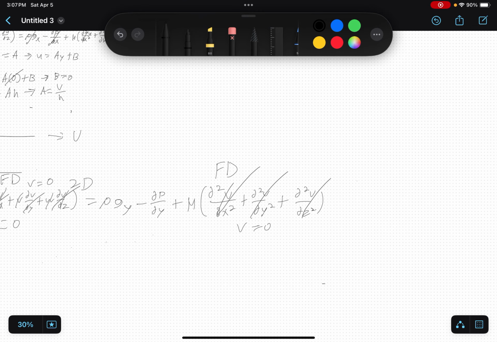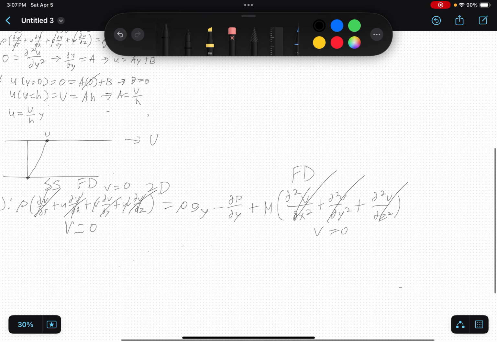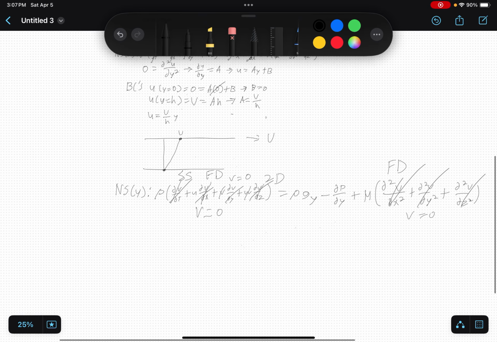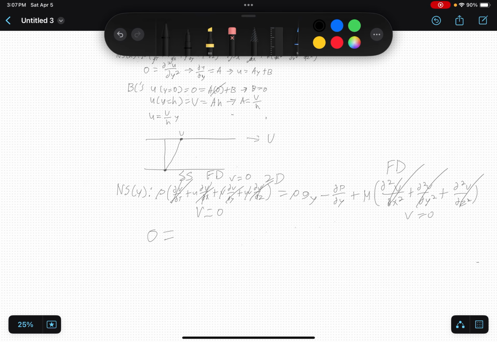So you're like, well, okay, cool. That doesn't leave us with much. And you're right. It would be 0 equals how much of gravity is in the y? All of it. So it would be gravity. And if it was tilted, we could do a sine of theta or whatever, but it's not tilted.